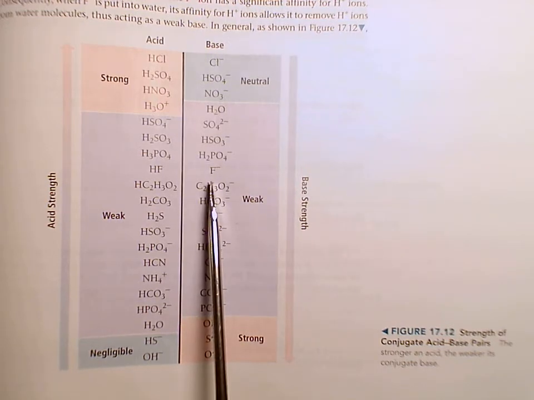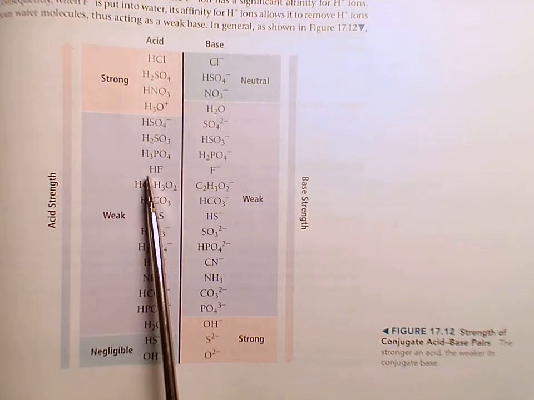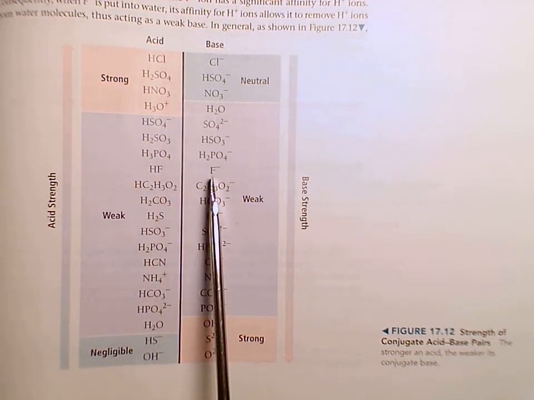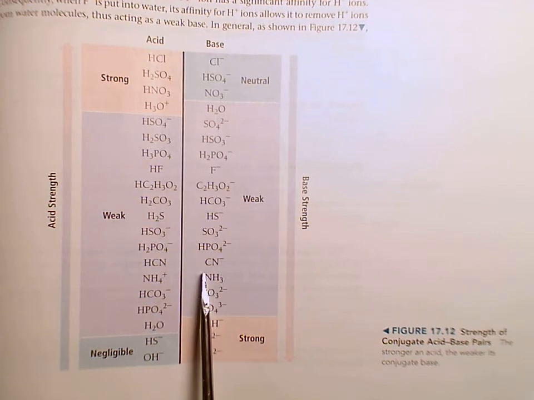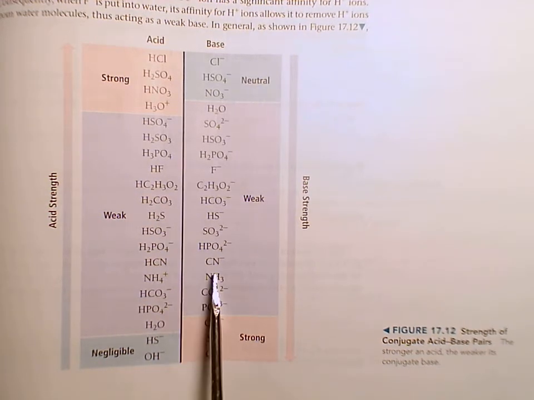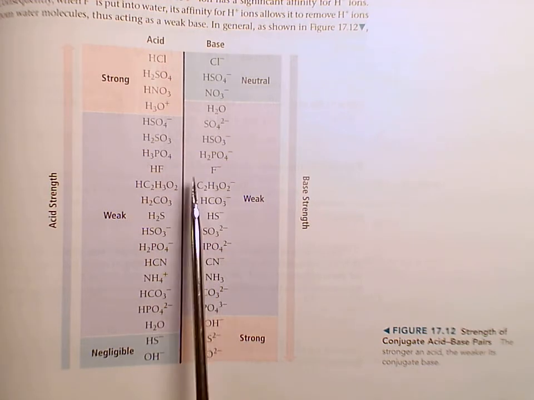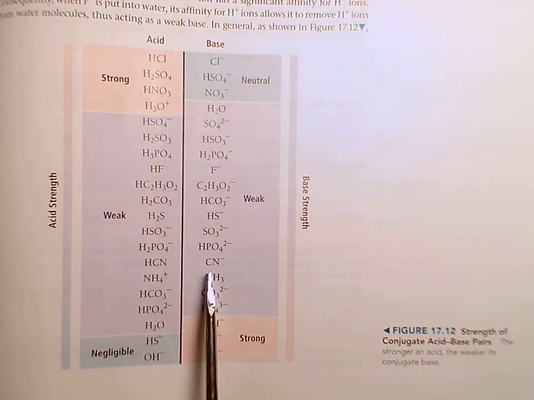So while F minus is a weak base, because it's the conjugate base of the weak acid HF, CN minus is a stronger base than F minus. Note, cyanide ion is still a weak base. Fluoride ion is a weak base, cyanide ion is a weak base, but cyanide ion is a stronger base than fluoride ion.